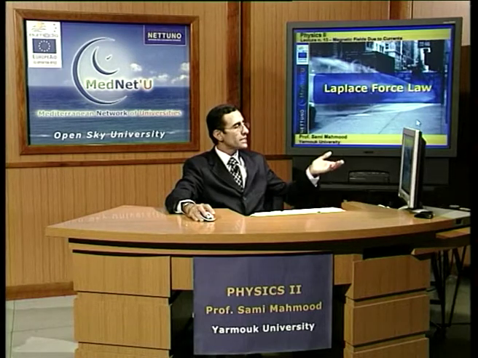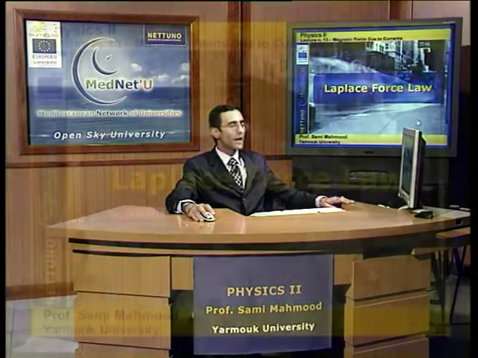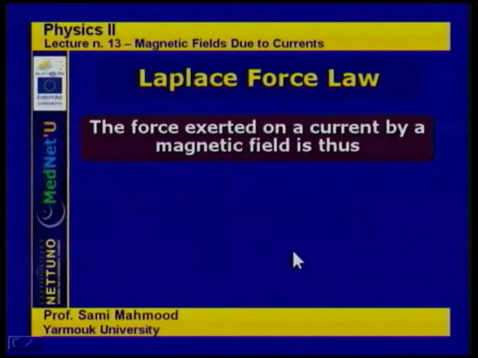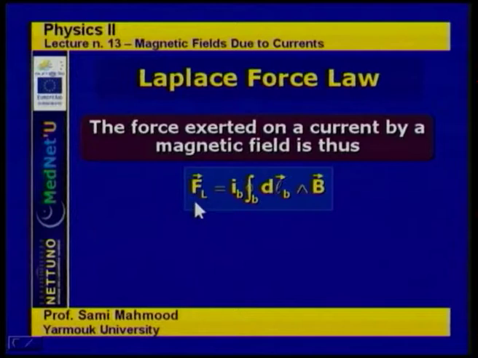And this would lead to the derivation of the Laplace force, which is a restatement of the same result that we have just reached. The force exerted on a current by a magnetic field is thus written as F sub L, Lorentz sub Laplace, equal to I_B times the integral over the loop B dL_B cross B, where B is the magnetic induction produced by something at the location of the element dL_B.